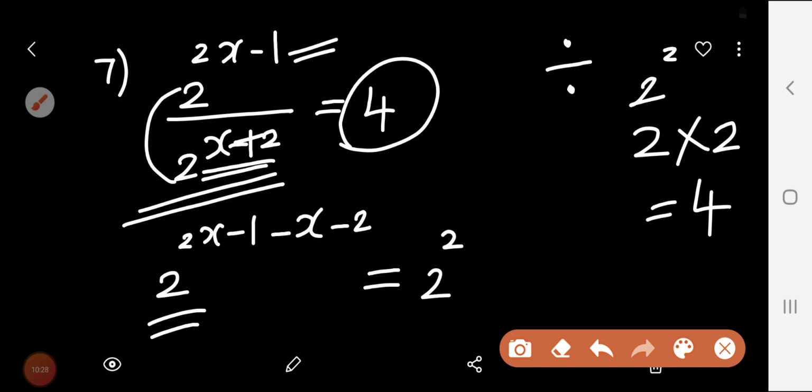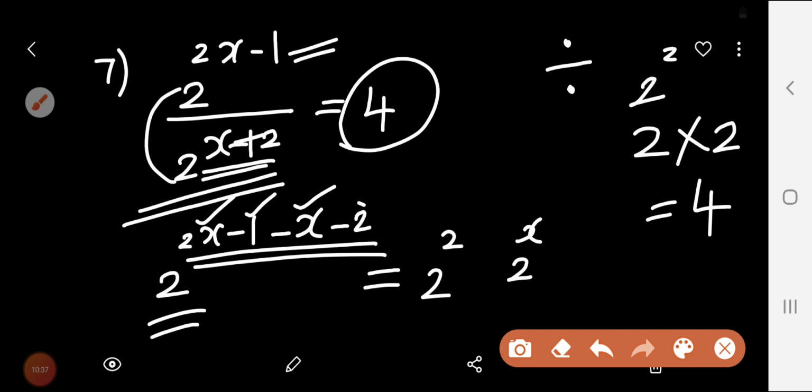Now we have to add these powers. What will be the powers? 2x minus x, the power is x, and minus 1 minus 2, the power is minus 3.